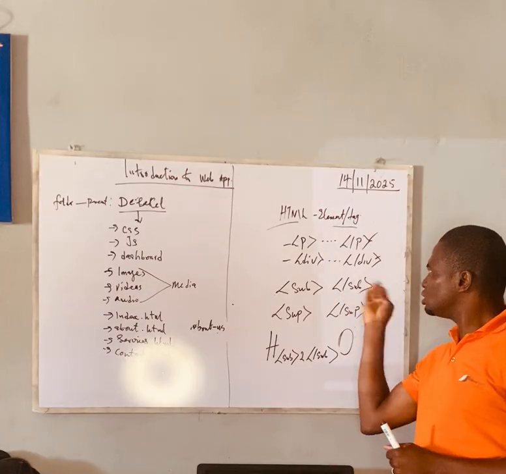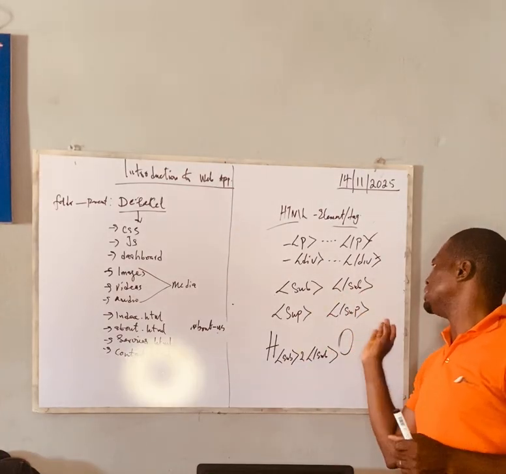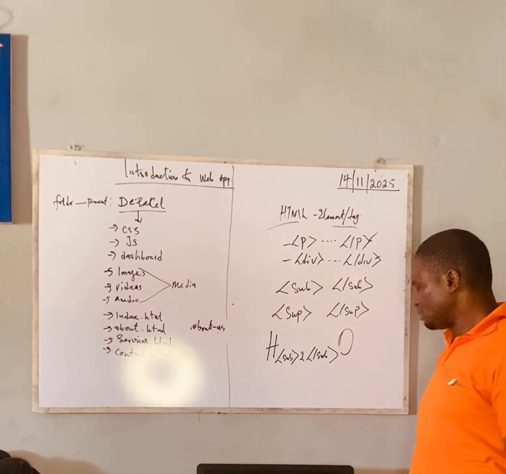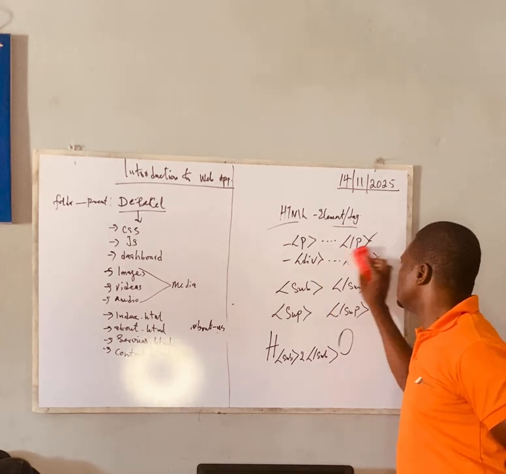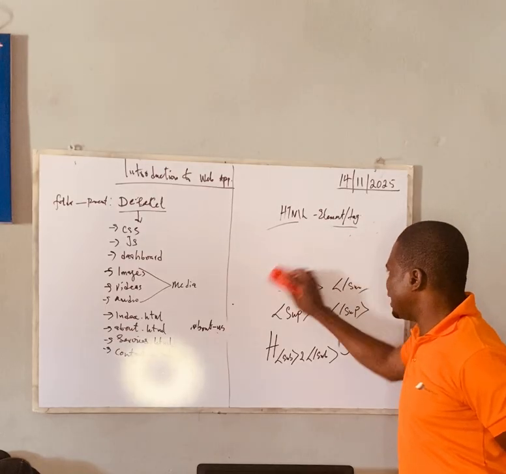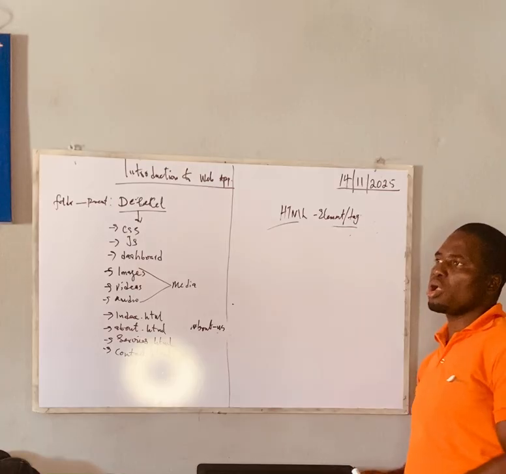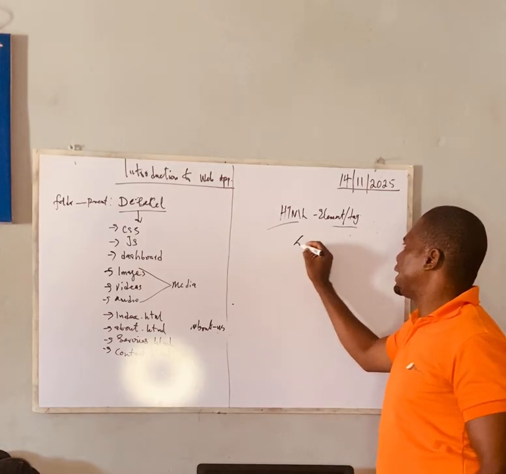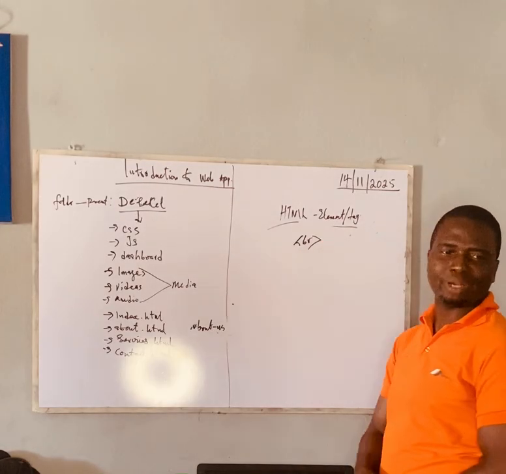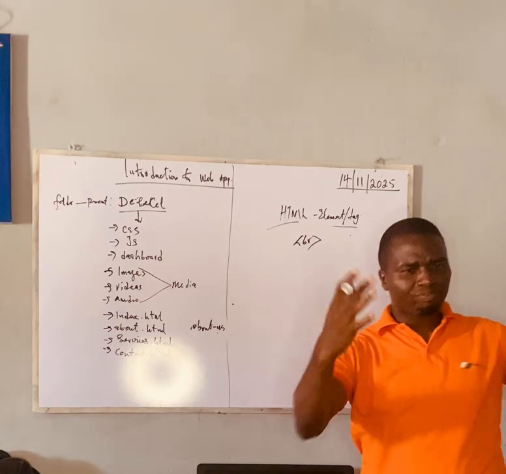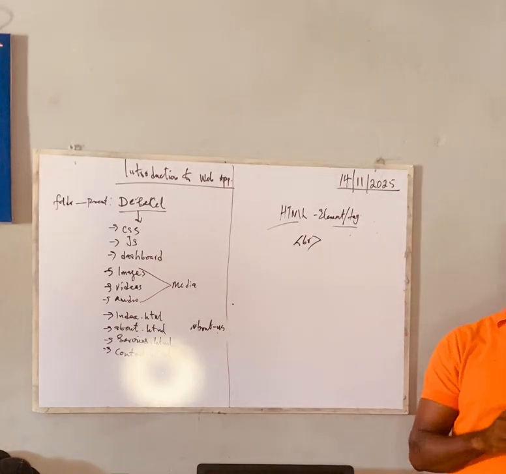Now, if you pay attention, give me an example of a tag. Break. You've heard of break? If you are writing a sentence, before now we used to use a typewriter.